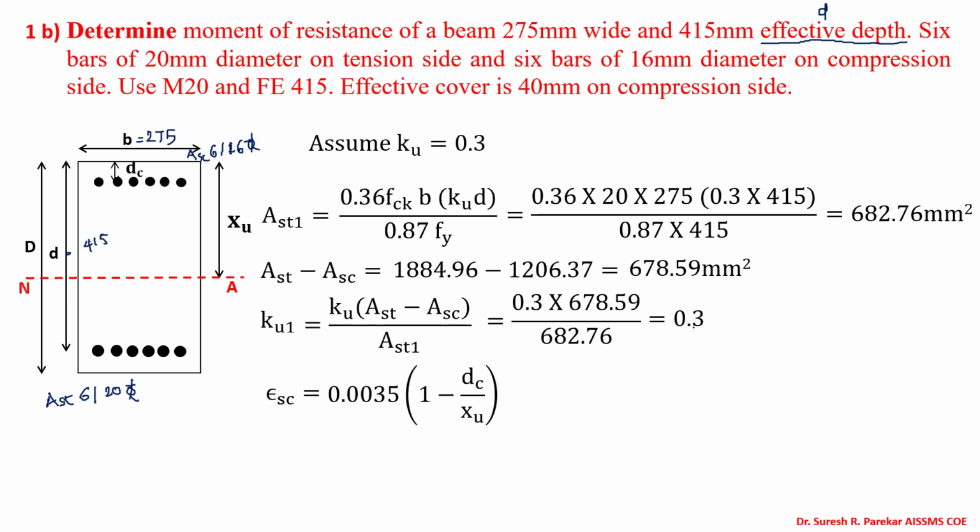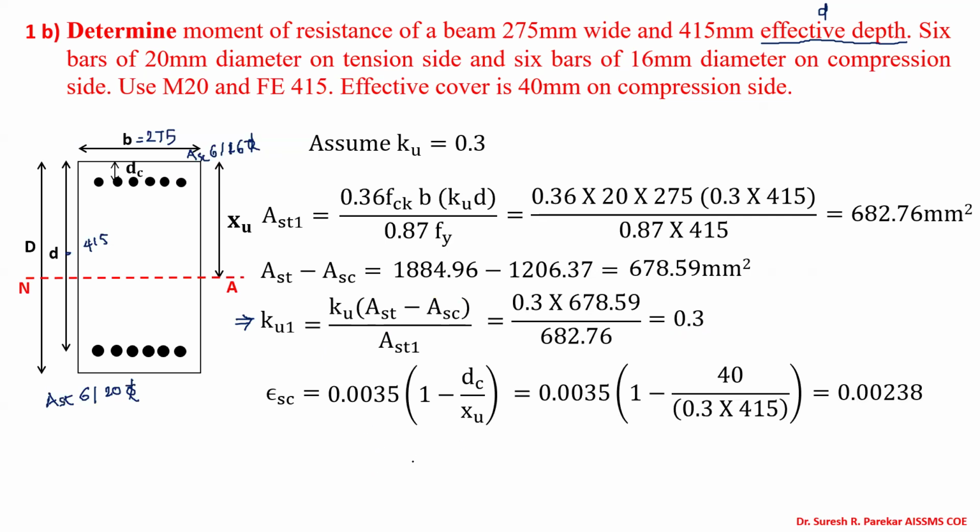So Ku1 we have this. Now our first trial starts. Marks you will get from this portion. So we have epsilon sc 0.0035. Then from this we will get the value 0.00238. And then now assume fsc we have 341. So we have 2 marks for the first trial.